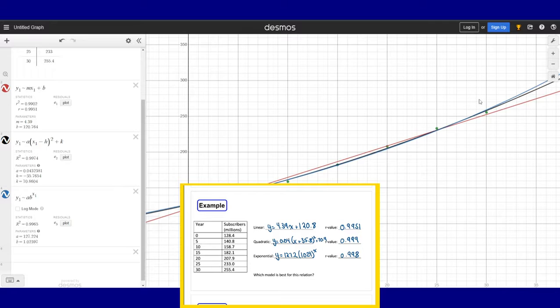But again, we don't have those values. Based on what we have, we could argue that any of these would make sense. We would need a few more data points, or data in between these values, or data from every year in those 30 years, to give us a better sense of how the data is going. But in this case, since we don't, we could argue that any model would work.